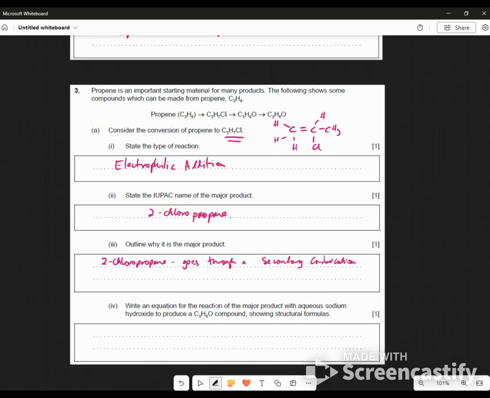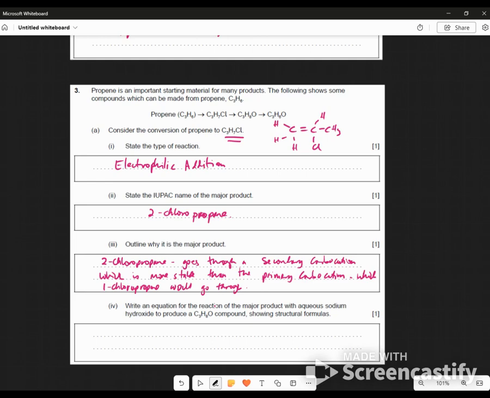Now, if it goes through a secondary carbocation, which is more stable than the primary carbocation, which you'd get if it was 1-chloropropane that it would go through. Okay, so basically you get the 2-chloropropane because you get a secondary.